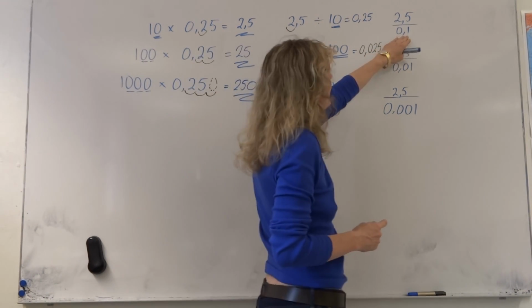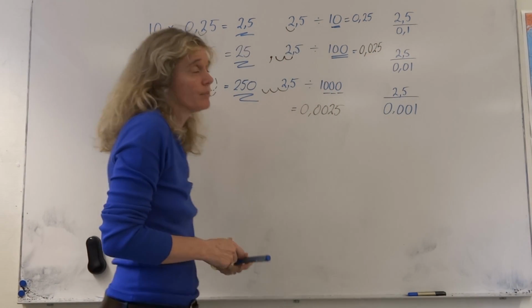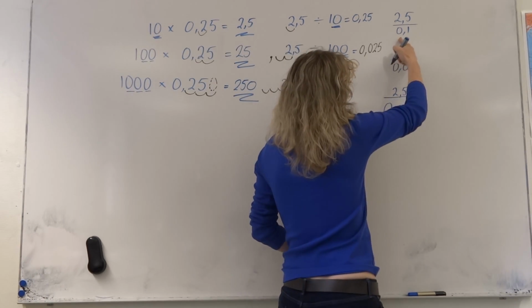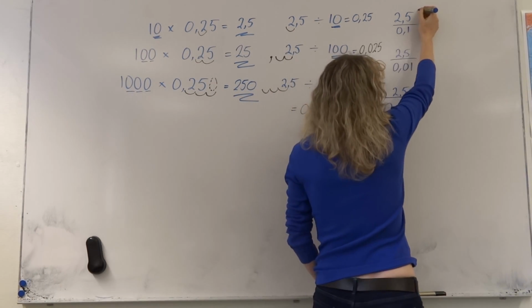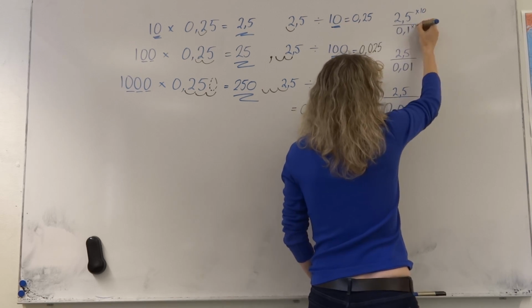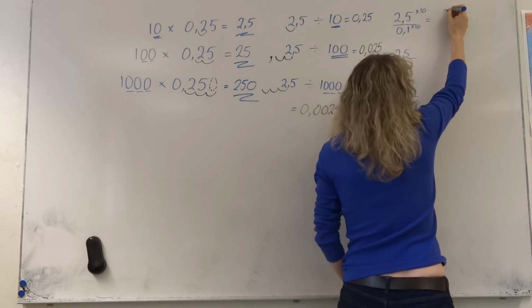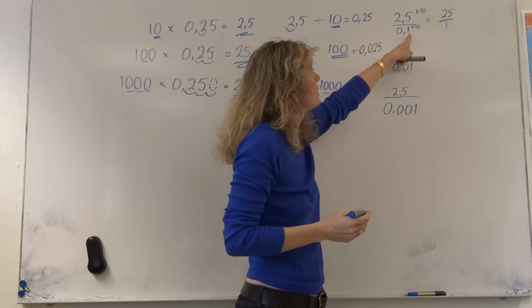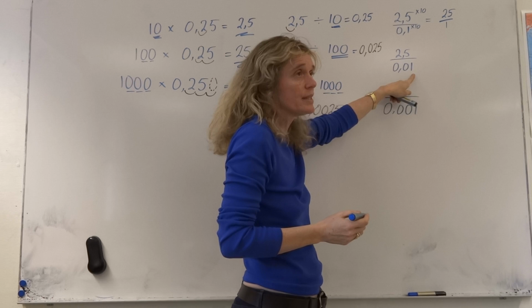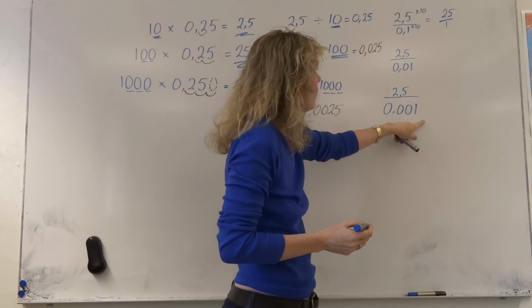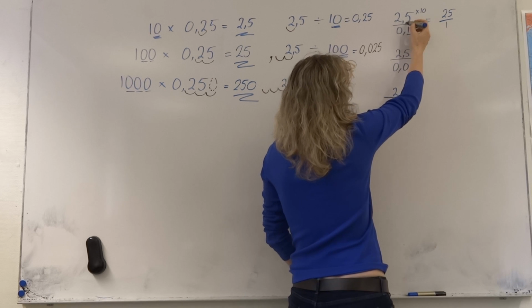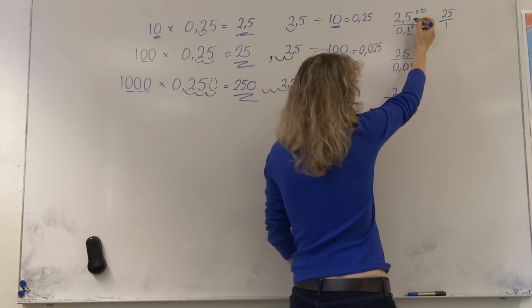What about when we're dividing with a decimal then? Well, we know that we're not allowed to have a decimal number down here. So if we were to multiply top and bottom by 10 here, we'd get 25 divided by 1. So when we're dividing by 0.1 or 0.01 or 0.001, what we're actually doing here is moving the decimal point one place.